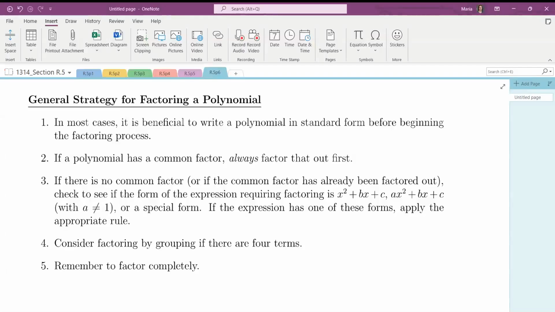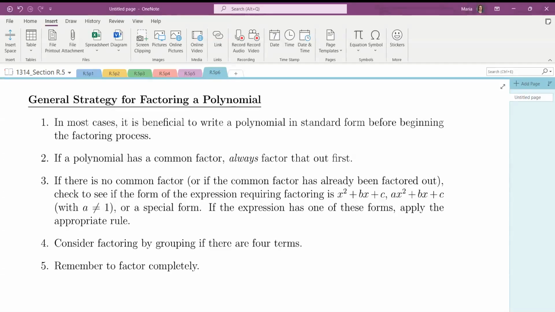If a polynomial has a common factor, you want to always factor that out first and then write what's left. Number 3, if there is no common factor, or if the common factor has already been factored out, check to see if you're left with something that further requires factoring.